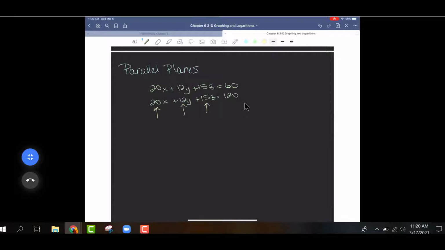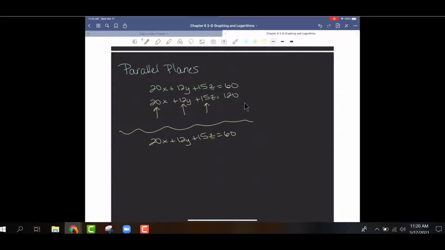So we're gonna spice this up a little bit. And we're going to look at another system. We're going to keep that top equation exactly the same that it was previously. But now I'm going to change all of the coefficients on that second equation.